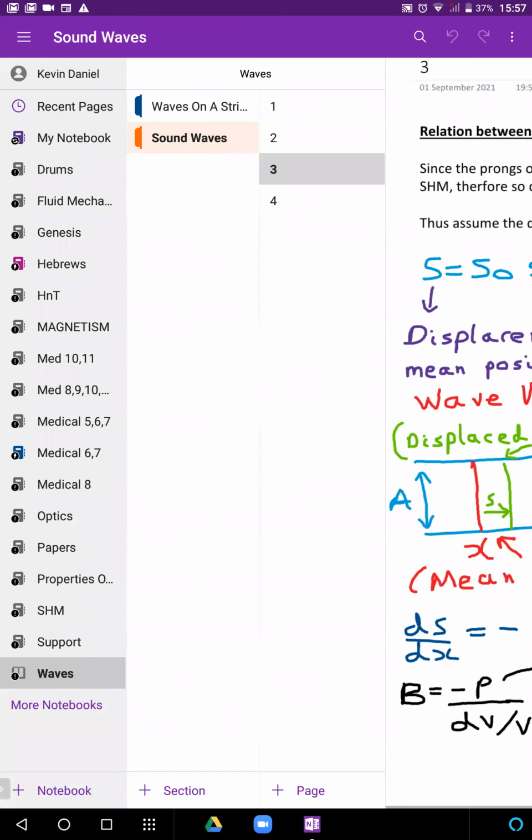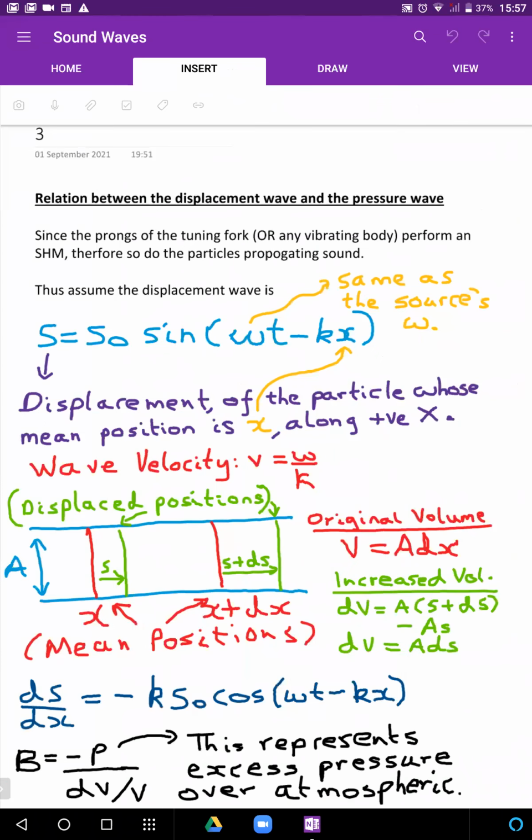We'll try to find a relation between the displacement wave and the pressure wave.